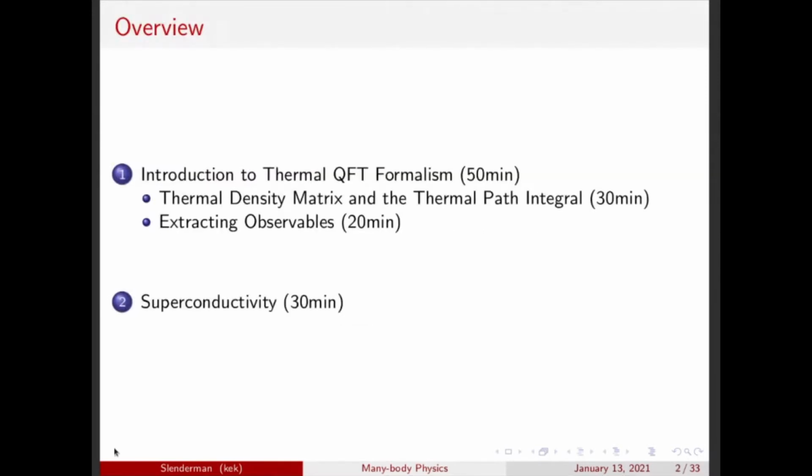So, a majority of this time is going to be spent on making this an introductory kind of lecture to thermal QFT. So I'll be going over what the thermal density matrix looks like and what the functional integral form of it looks like.